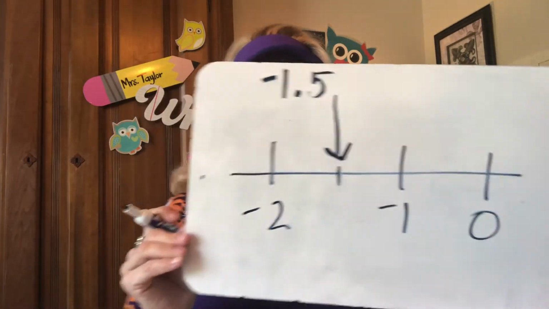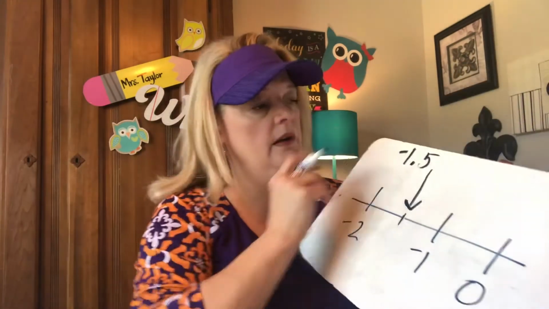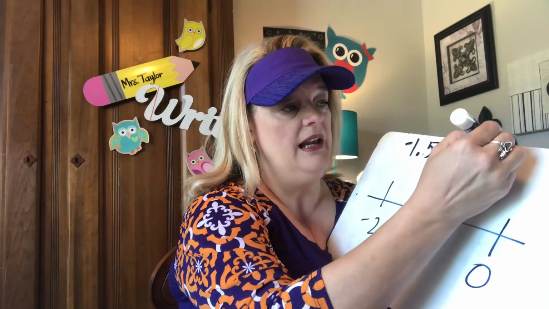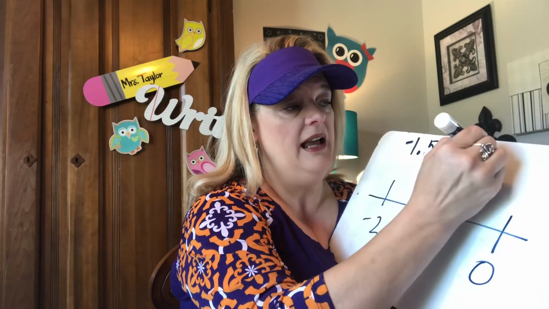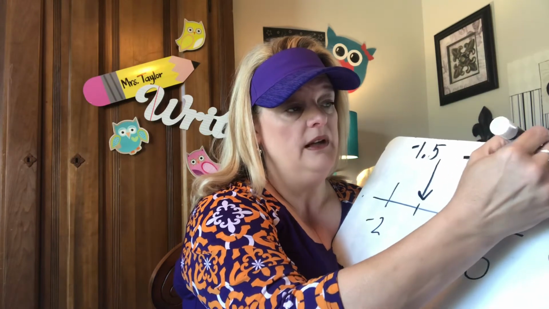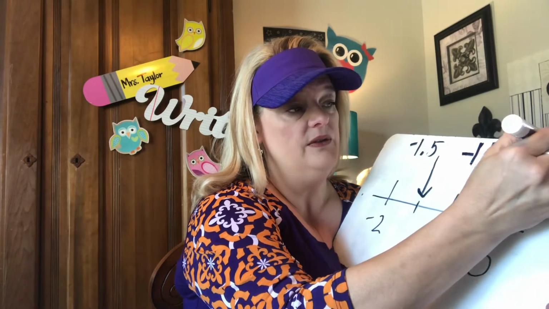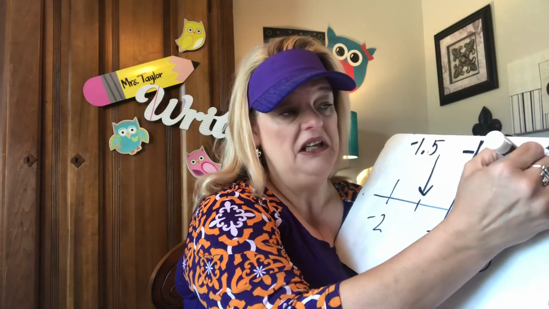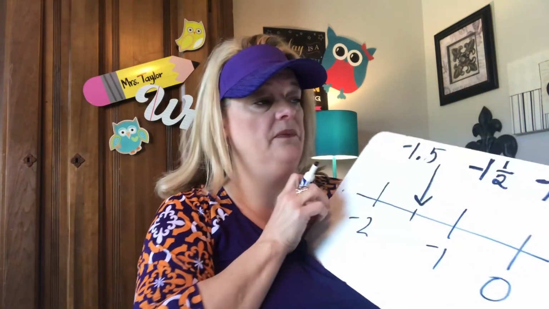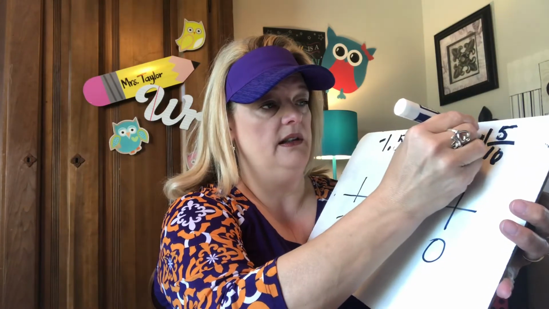So then what would my fraction be? It would be -1 and 1/2, or if you said -1 and 5 out of 10, either way. All right, can you tell that's a negative number?